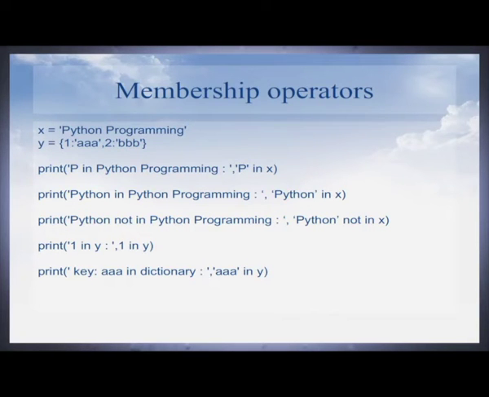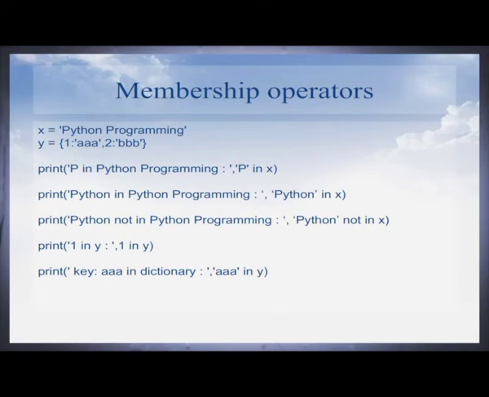Then coming to the next one, 1 in y. y is the dictionary having key value pairs. So, there is a key called 1 present. y will be having the keys 1 and 2. 1 in y will be true because 1 is present.